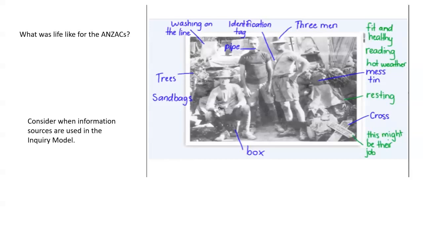Well, we definitely use an information source in the activate stage because we need to capture the interest of students. We also use an information source in the check it out stage because students need to be gathering information. They need to be able to access the facts so that they can answer the inquiry question. And if you use the venture further part of the model, which is encouraged, you are making links with other contexts and relevance. So you will be introducing another information source to help students do that.